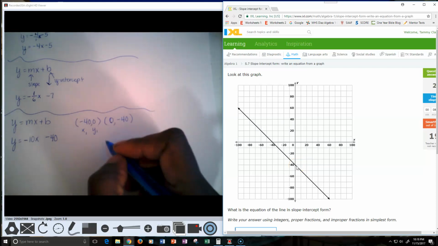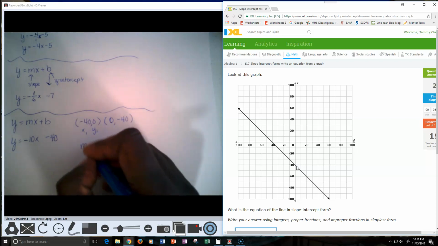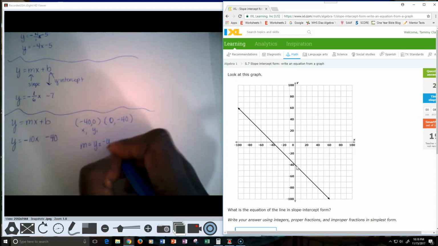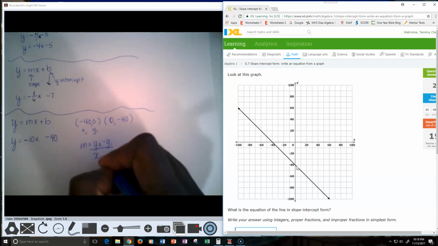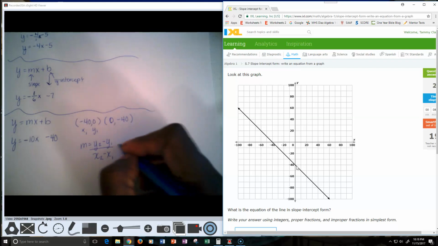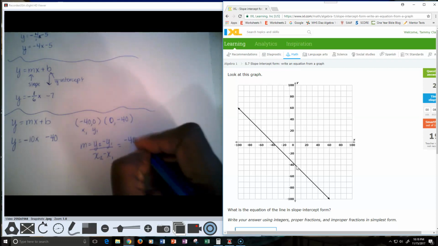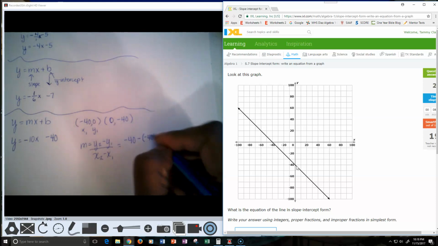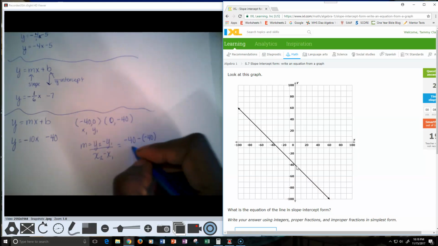And then we're going to use slope is equal to y sub 2 minus y sub 1 divided by x sub 2 minus x sub 1.